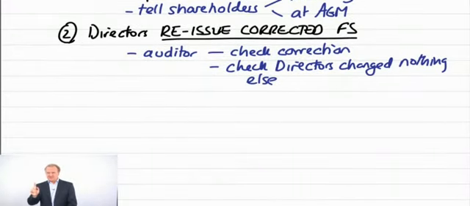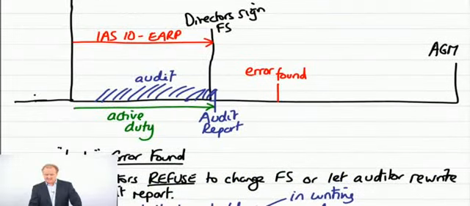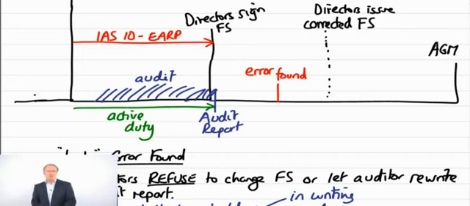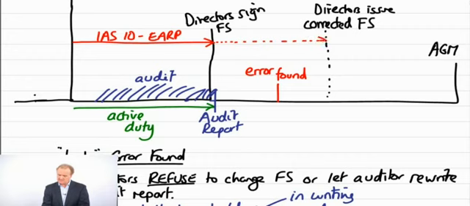and then there's the third bit, and the third bit is the bit that needs to be remembered because it's the hardest bit you need to understand. You see, the problem is if the directors issue corrected financial statements, that means that the IAS 10 period now goes all the way up to there.